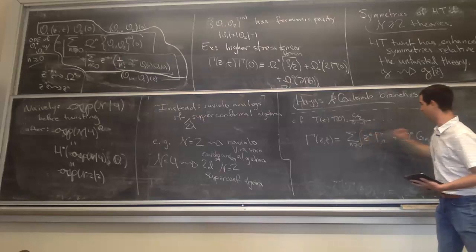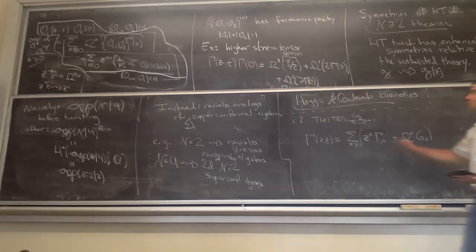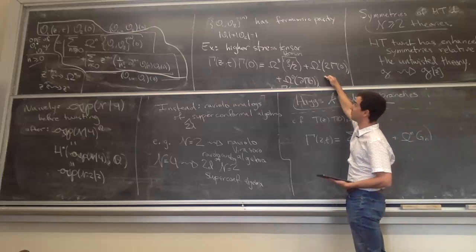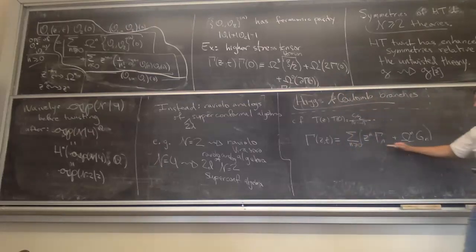This is just like the mode expansion of my field where my modes are now these holomorphic topological. Yeah, exactly. And so given this operator product expansion and this mode expansion, you can start computing the commutators of these modes.